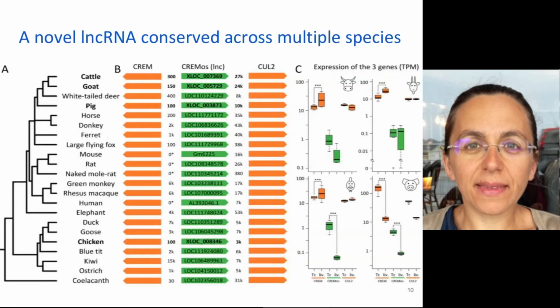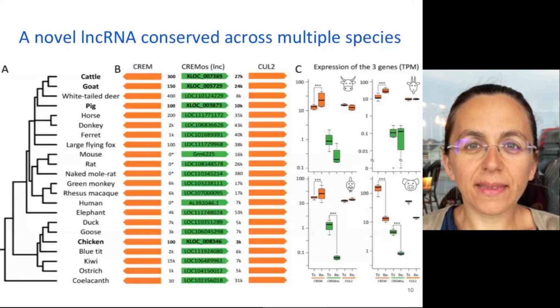And I think on slide 10, I've given an example of a novel long non-coding RNA that is conserved across many, many different species. You can see it in green here. We call it the Chromos gene because it is actually close to the CREM protein coding gene. And so you can see many, many species.